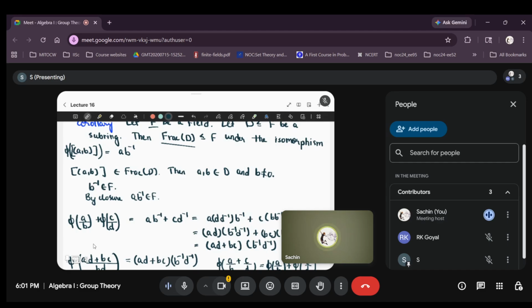Then with that subring, which is actually an integral domain because any subring of a field is an integral domain, you can construct the fraction field using that subring. So this fraction field is constructed in an entirely different way. It is not related to that field. At least that's what you would think. But it so happens that that's not true. You end up with some subfield of the original field itself.